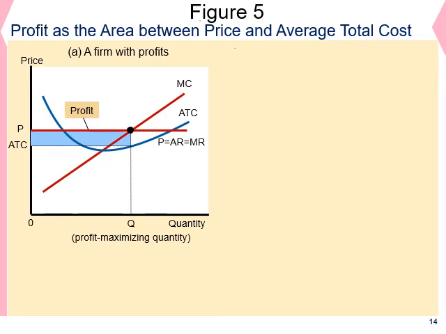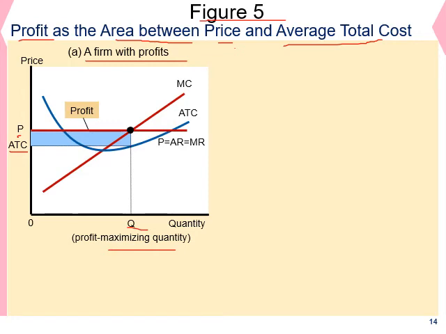Figure number 5 summarizes the profit as the area between the price and the average total cost. Panel A shows a firm with profit. We can see that the price P is above the average total cost at Q, the profit maximization quantity.